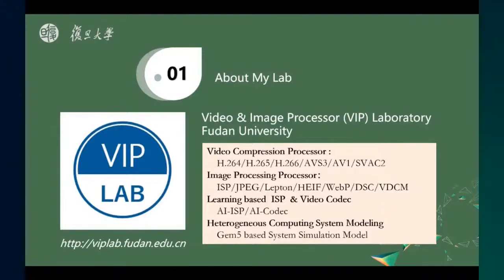It is the learning-based ISP and video codec, and we do AI-assisted ISP and also AI-assisted codec. The fourth part is heterogeneous computing system modeling. We use gem5 to build the system simulation model for SoC systems.